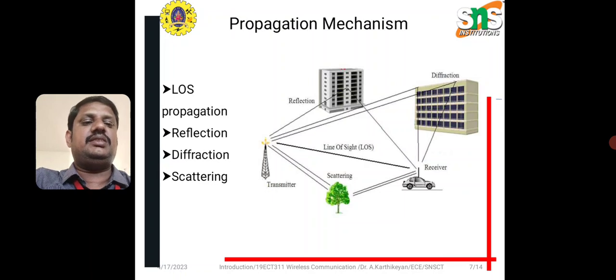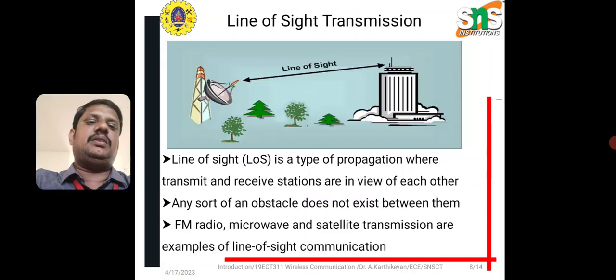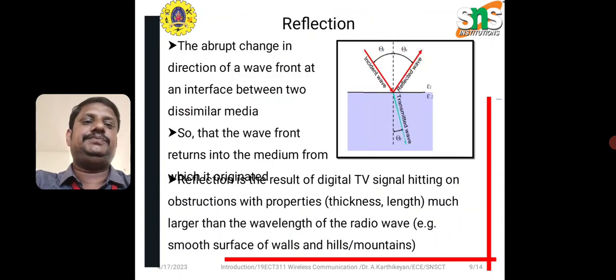We can transmit the signal from one to another, but only LOS sends proper communication. So LOS plays the major role in wireless communication. FM radio, microwave antennas and satellite transmission are used for line of sight communications. These are the main important things of line of sight communication.